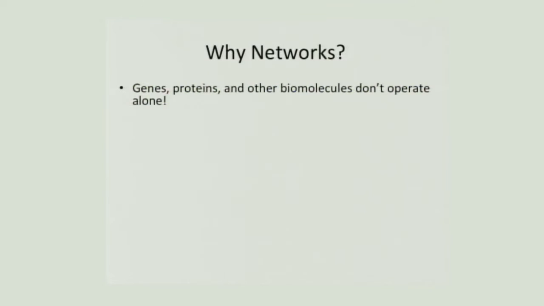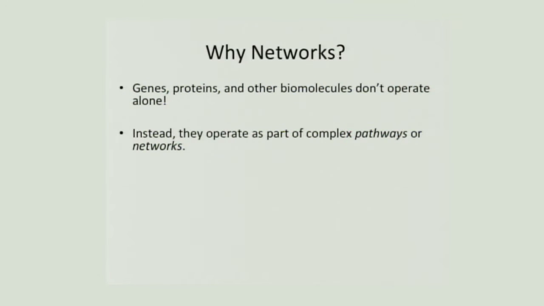So we, of course, know that genes, proteins, and other molecules that we might be interested in don't operate alone. Instead, they operate as part of complex pathways or networks. So if we do an assay, for instance, measuring 20,000 genes in a tissue sample, we're going to need to somehow borrow strength across those genes or pool those genes together, or really think of those genes as interacting molecules rather than as individual features.